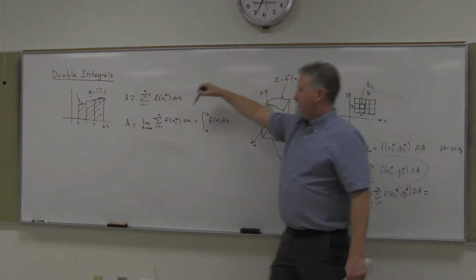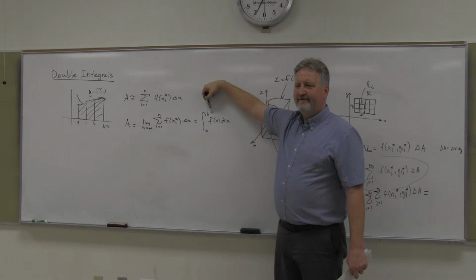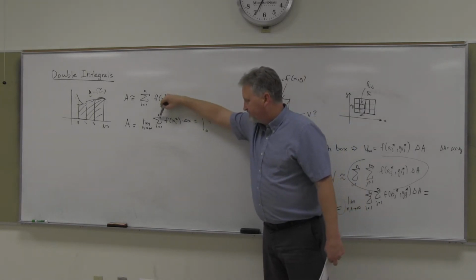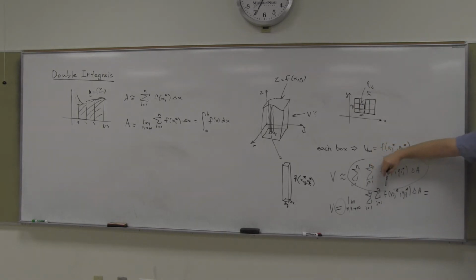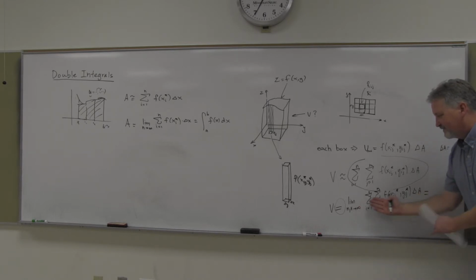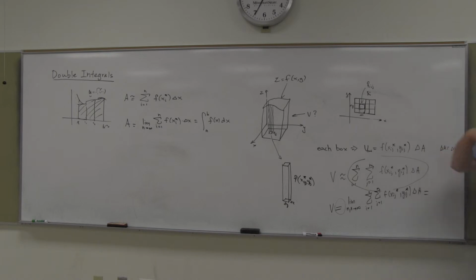So if this is an integral, one summation running to infinity gives me an integral. Well, guess what? Here it gives me a double integral. So that's where the idea of the double integral comes from, is now we've got two summations that we've got to run to infinity. And so this is going to be our double integral. In this case, we're doing the double integral over this rectangular region R, so we'll notate it like that.